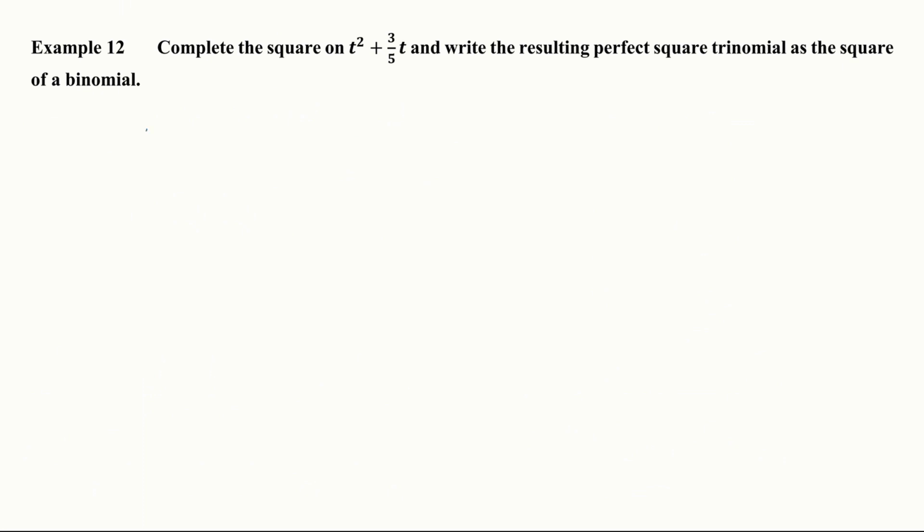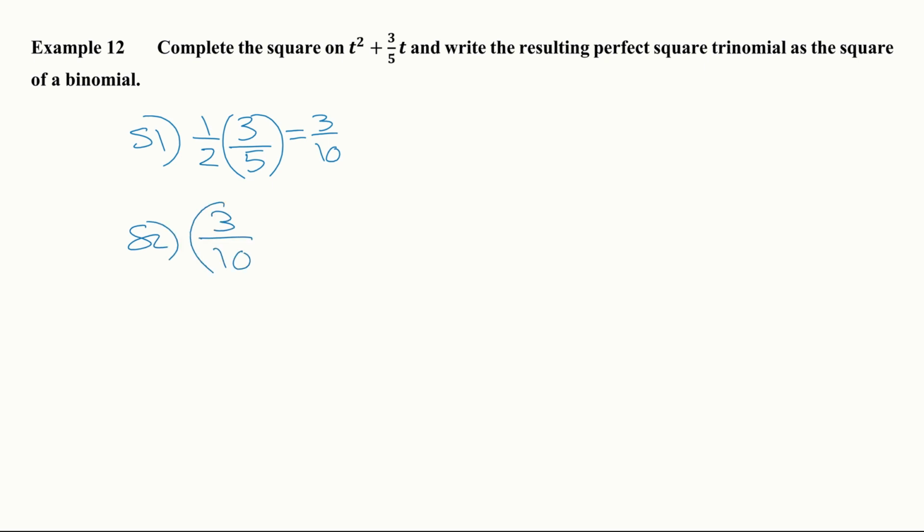So here, step 1, go ahead and take 1/2 of the coefficient of the first degree term, so t. So 3/5, right? Now, what is 1/2 of 3/5? Well, that's just 3/10, right? So step 2, you're going to take the 3/10 and you're going to square it.